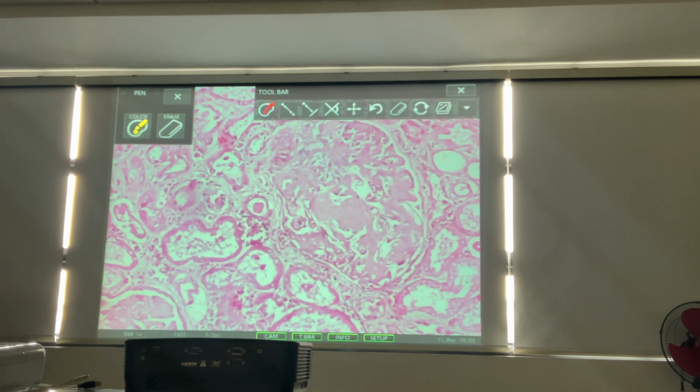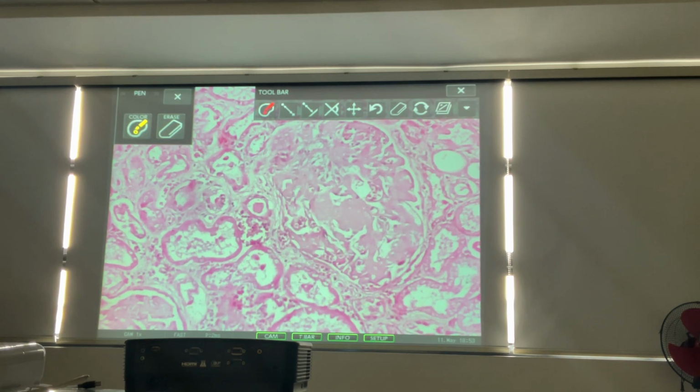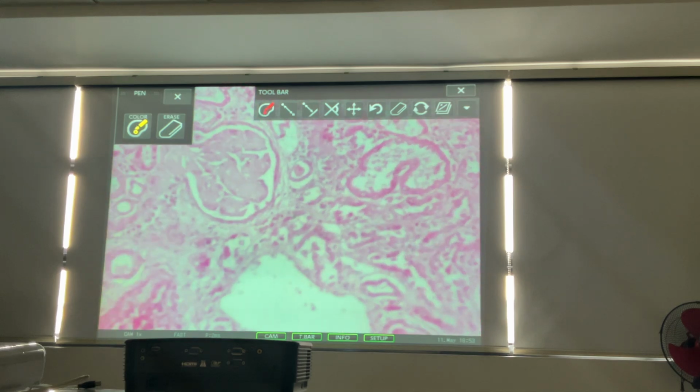Okay? This is a sort of an autoimmune condition. So, global, the entire globe of the glomerulus. Diffuse, all the glomerular structures. So, this one, you can see it also down here. Another one.